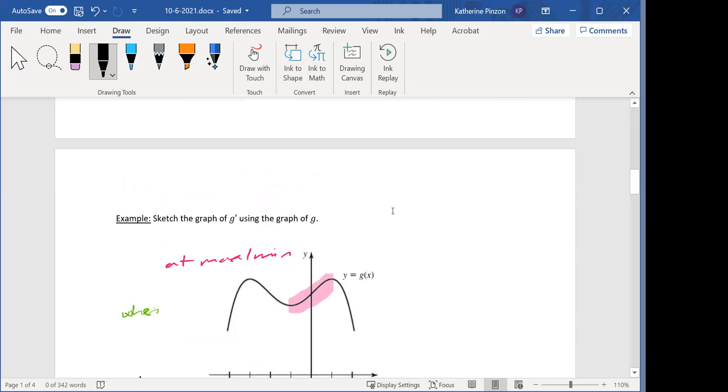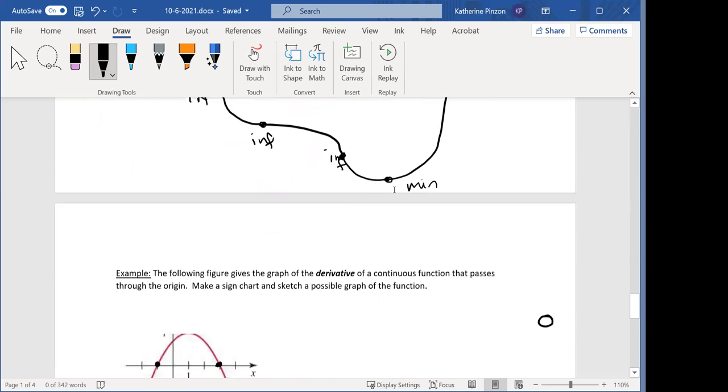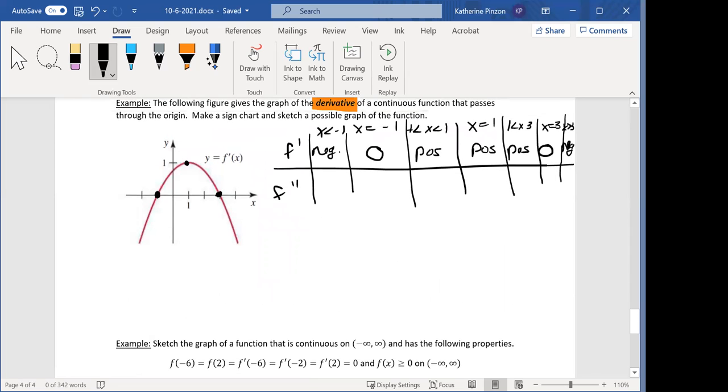When the first derivative is going up here, the second derivative is positive. So positive, positive, positive.